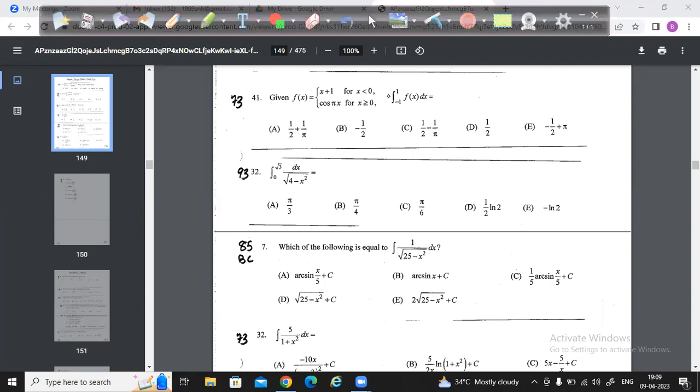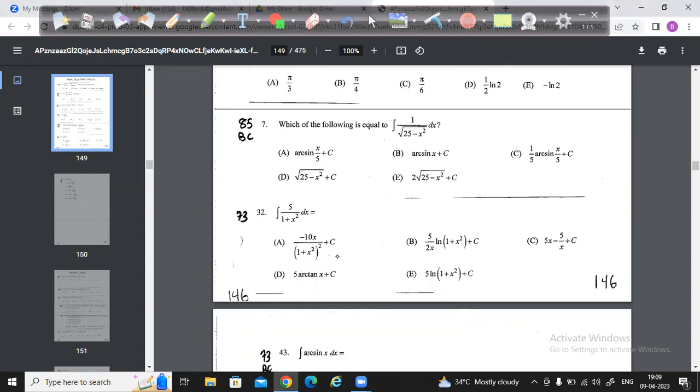1 upon a square plus x square. Take 5 out. So integral of 5 upon 1 plus x square into dx.